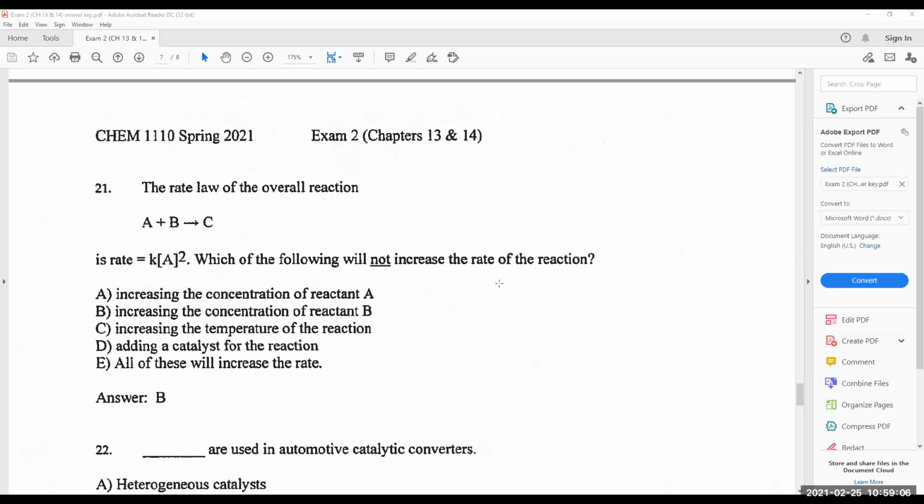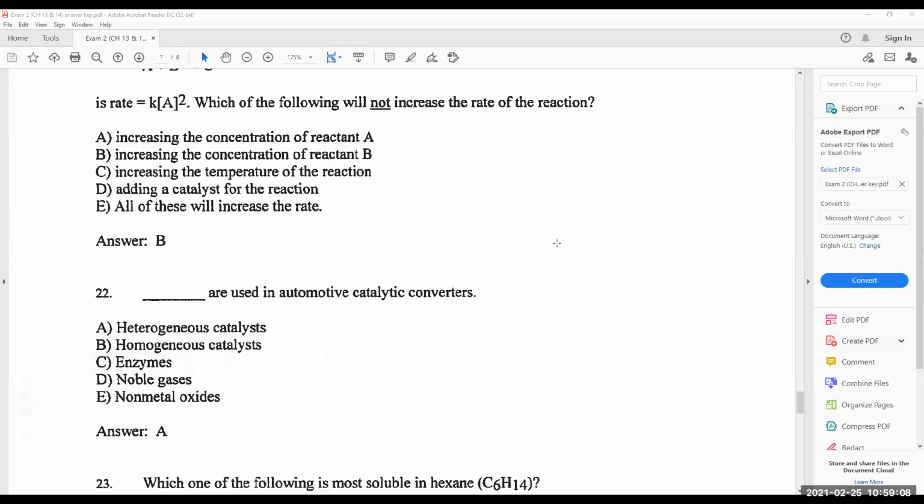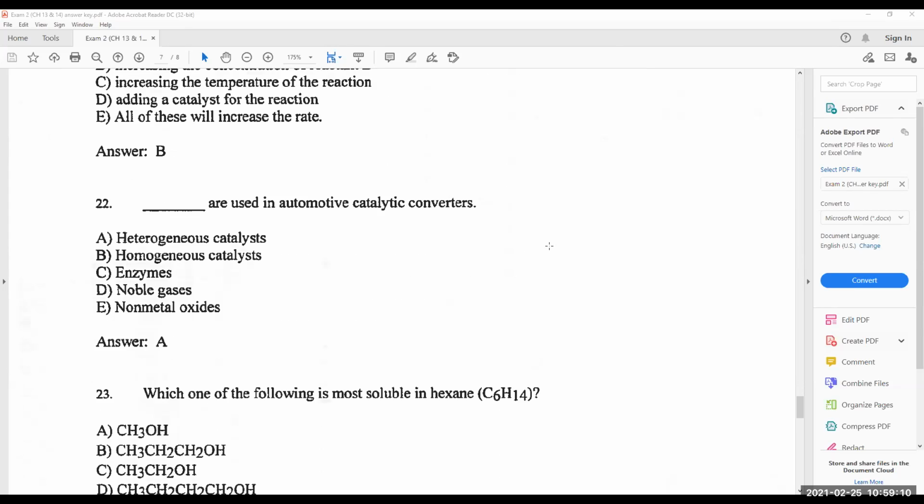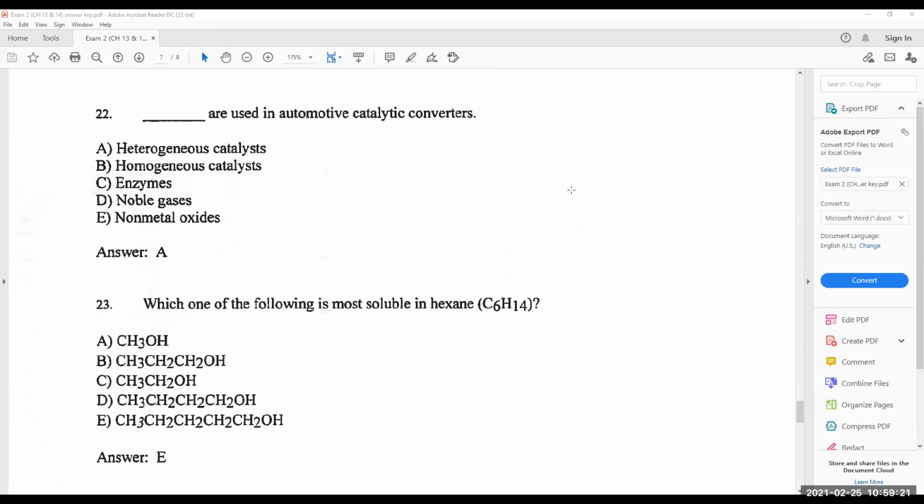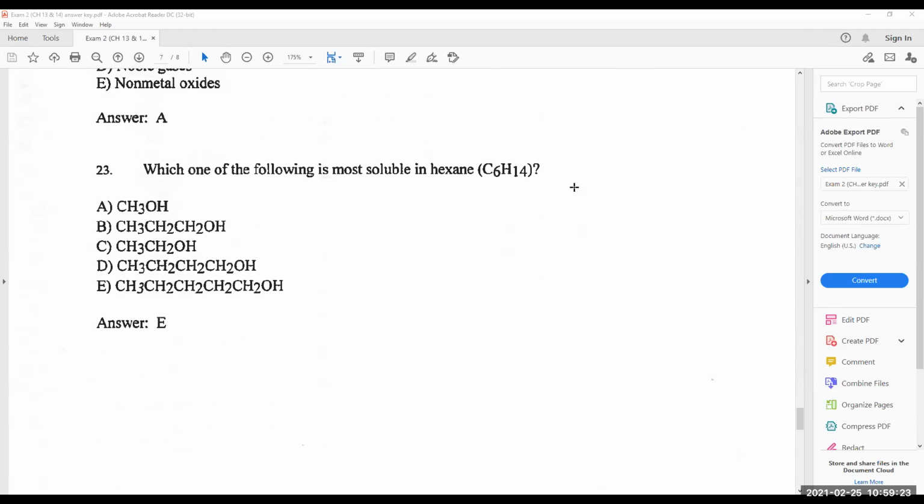Okay, 22. What type of catalyst is used in car catalytic converters? That's a heterogeneous catalyst. 23, which of the following is most soluble in hexane? Hexane, C6H14, is an alkane, a long nonpolar molecule. So we want to know which is the most soluble. We think back to like dissolves like.